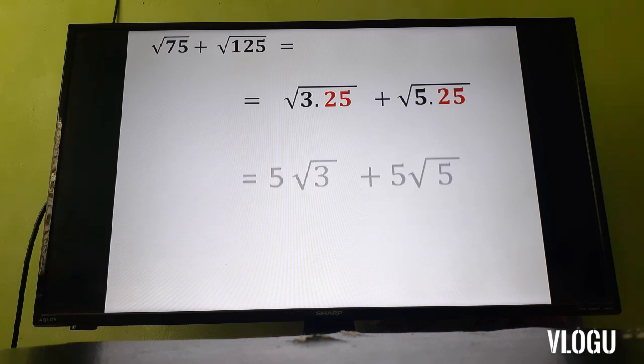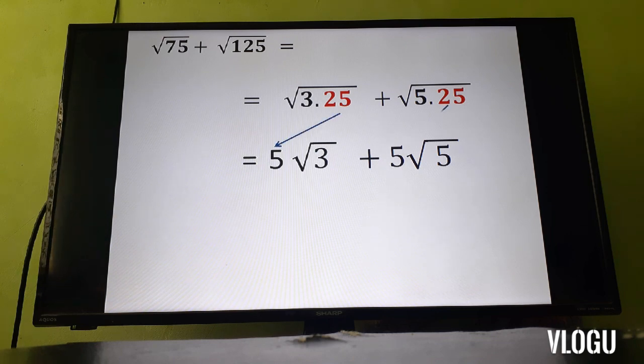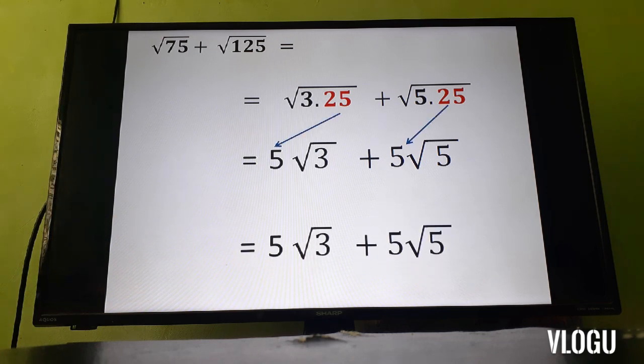So, ang atin pong gagawin, tandaan, na ang factor po ng square root ng 75 is 3 times 25. Ang ibig sabihin nun, if we're going to multiply 3 times 25, that is equals to 75. And the factor of 125 is 5 times 25. If you multiply 5 times 25, ang katumbas nun is 125. Kasi hindi sila perfect square.